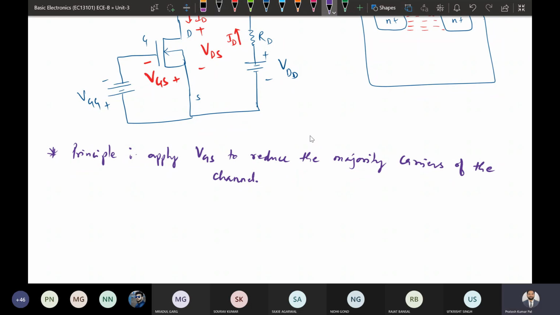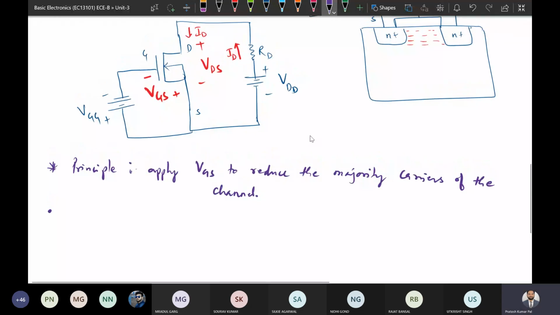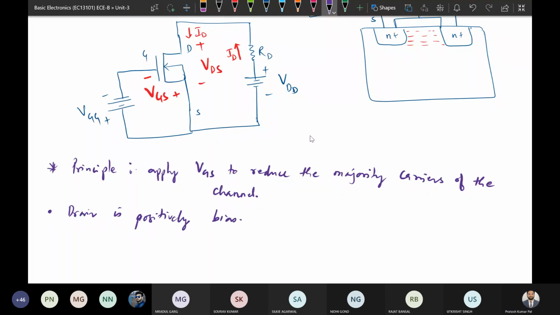And for an n channel MOSFET, the drain is biased in positive direction, like the drain is positively biased with respect to the source. So we will be applying the gate to source voltage that reduces the majority carriers in the channel, and also the drain is positively biased with respect to the source side.